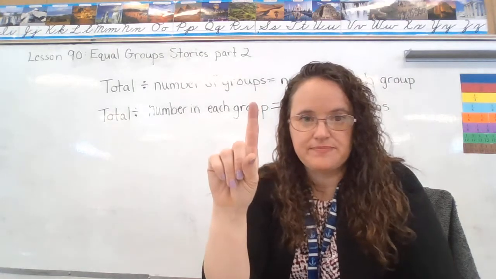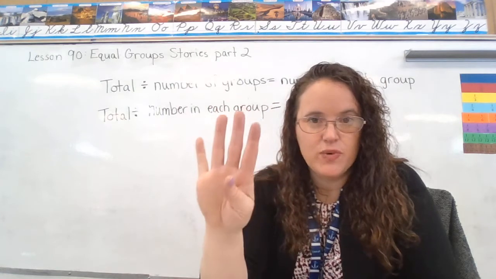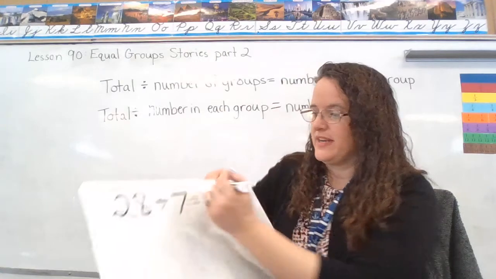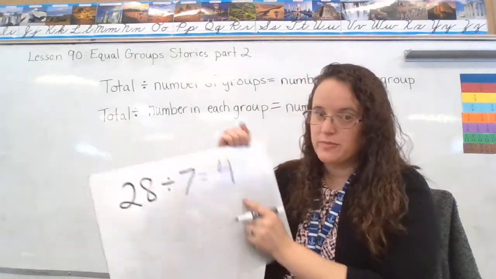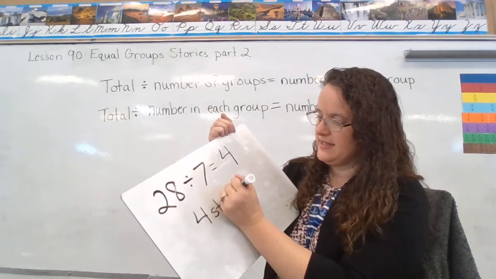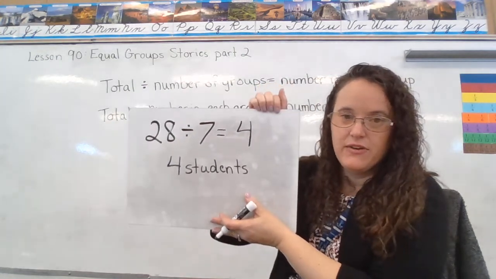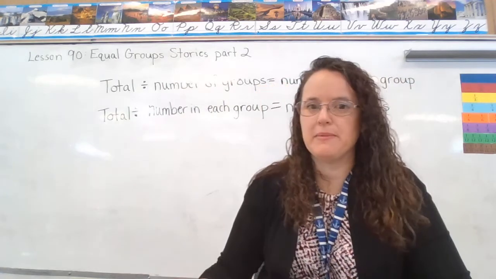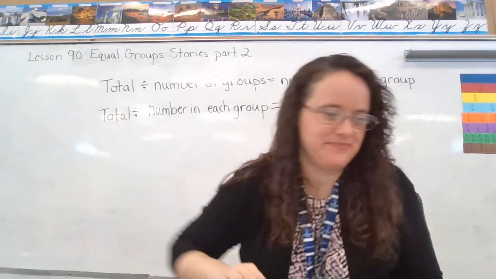So 7, 14, 21, 28. It took me 4 groups of 7 to get to 28. So 28 divided by 7 is 4. But this is a word problem, so we need to say 4 students, 4 children, 4 kids, however you write it out. 4 people are riding in each car, or 4 kids, so probably there's going to be a grown-up too. But the question only asked about the students.